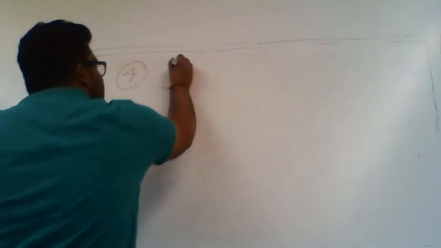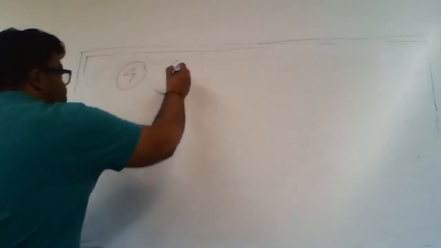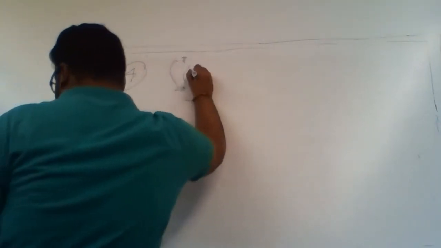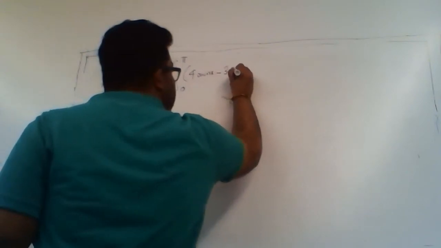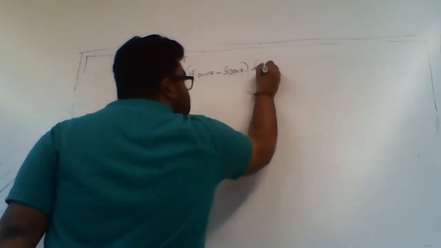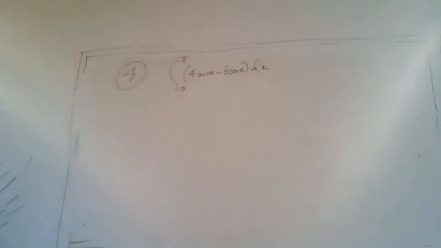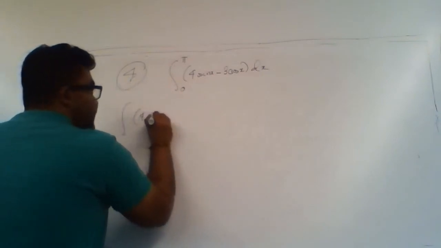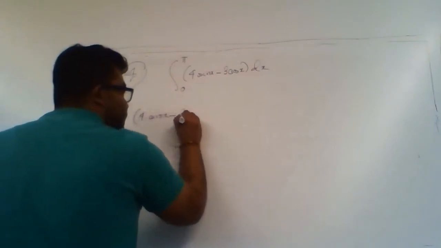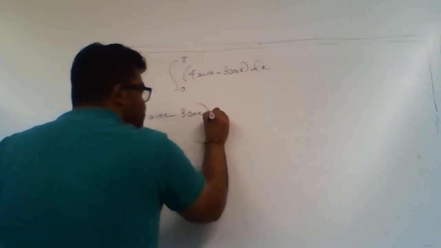So the problem was this: we have to find the integral from 0 to pi of 4 sin x minus 3 cosine x dx. First forget the limits, just consider 4 sin x minus 3 cosine x dx.